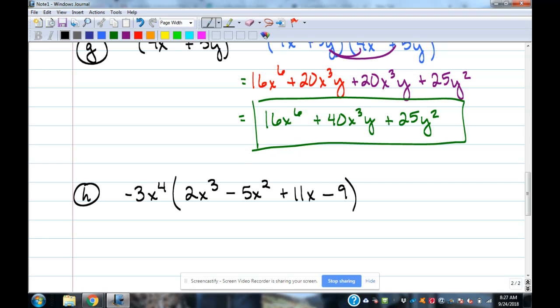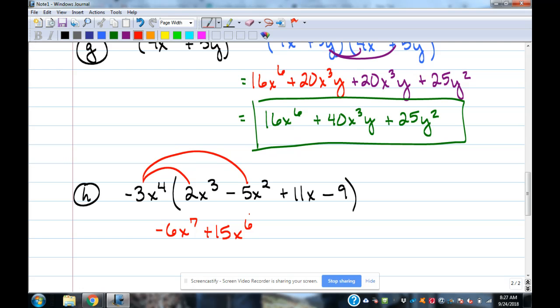Okay? So negative 3 x to the 4th times positive 2 x to the 3rd is negative 6 x to the 7th. And then the next piece, negative 3 times negative 5, positive 15 x to the 6th. The first one's going to be 7 because it's 4 plus 3.